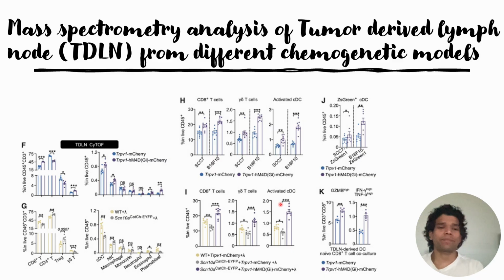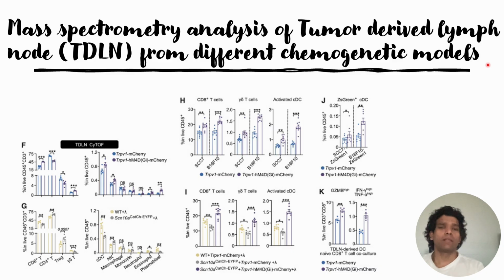This indicates that the chemogenetic inhibition ability overcomes the tumor-promoting ability of the optogenetic-based model that causes this calcium increase within the cells.